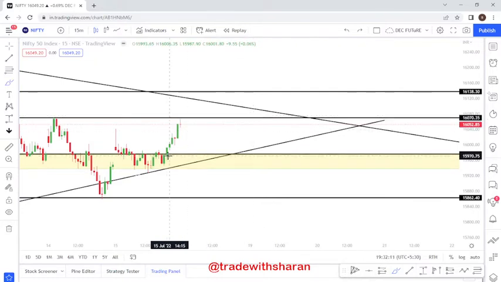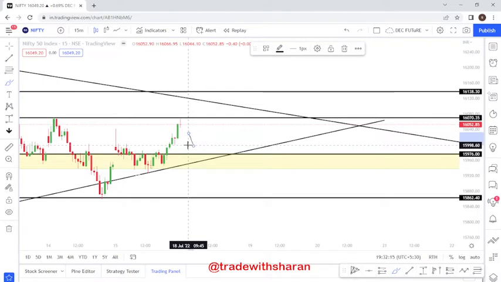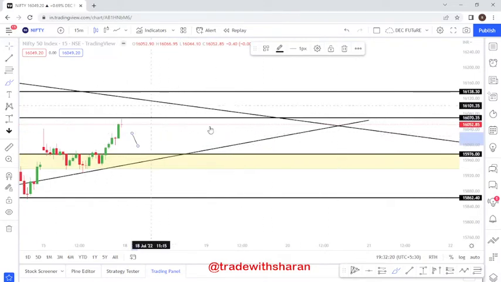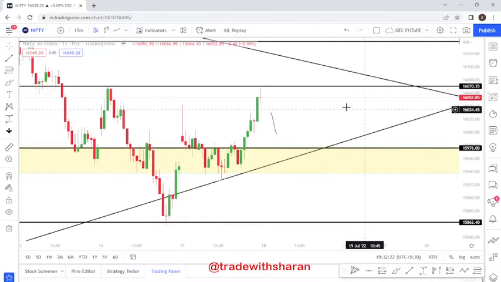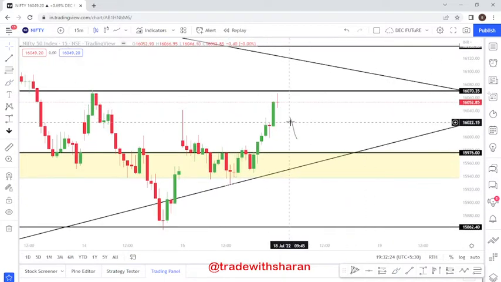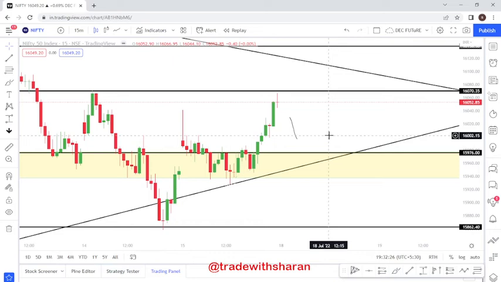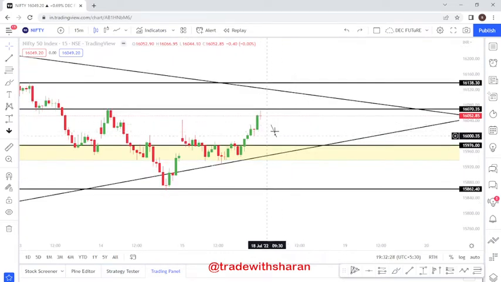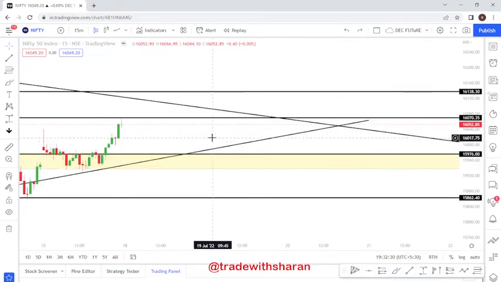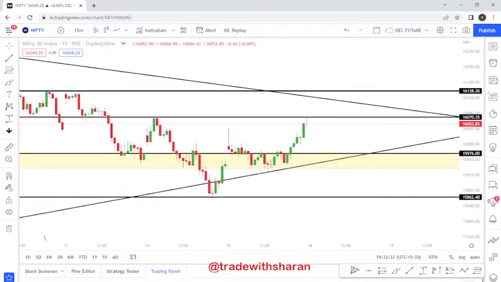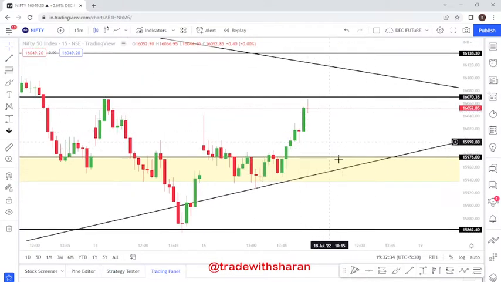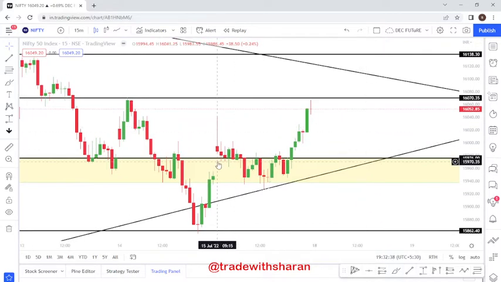Because here there is a continuous upside momentum, and if the price straight away opens downside, the ones who have bought here would like to cut short their trades. Correct. So you might get to see some kind of action. That is why if it opens anywhere slightly lower than here, we will wait to see how it reacts. Correct. Now that is setup number one.